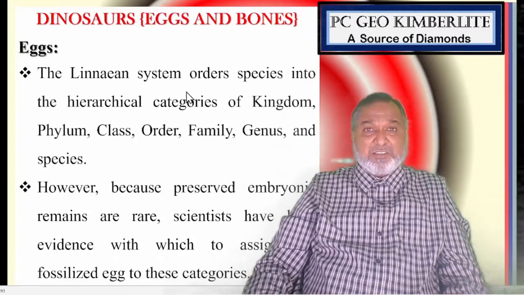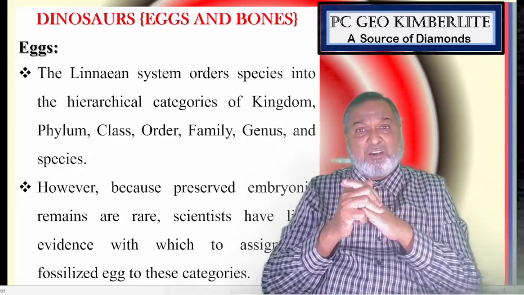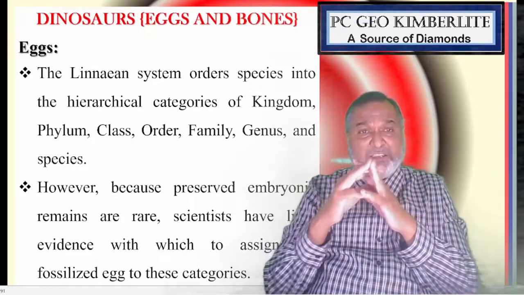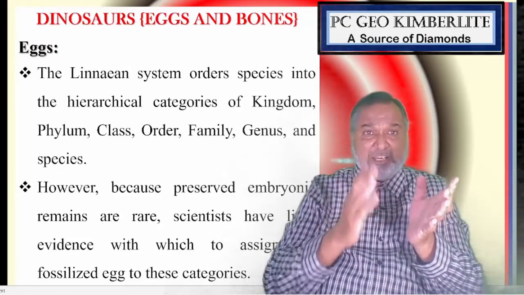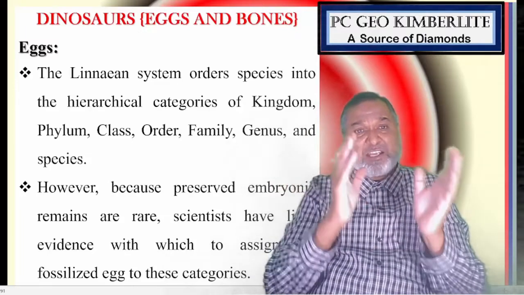The Linnaean system orders species into the hierarchical categories of kingdom, phylum, class, order, family, genus and species.